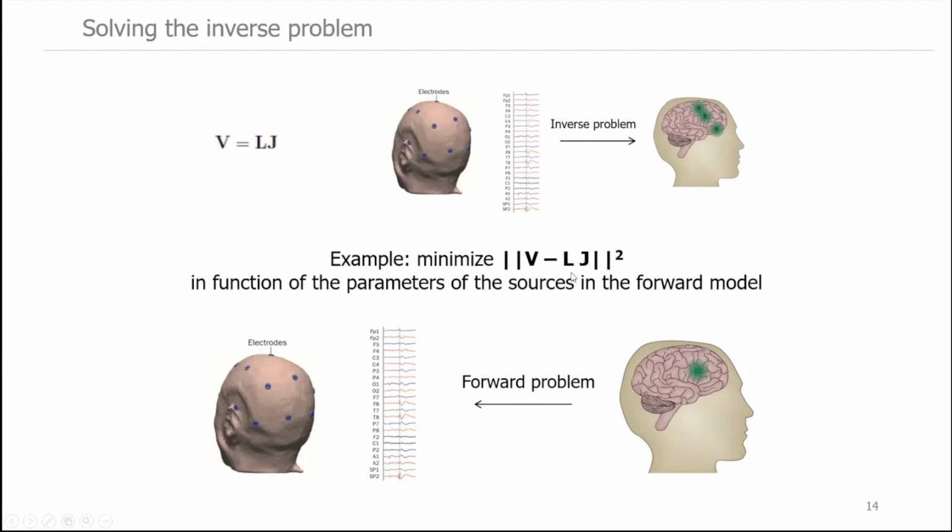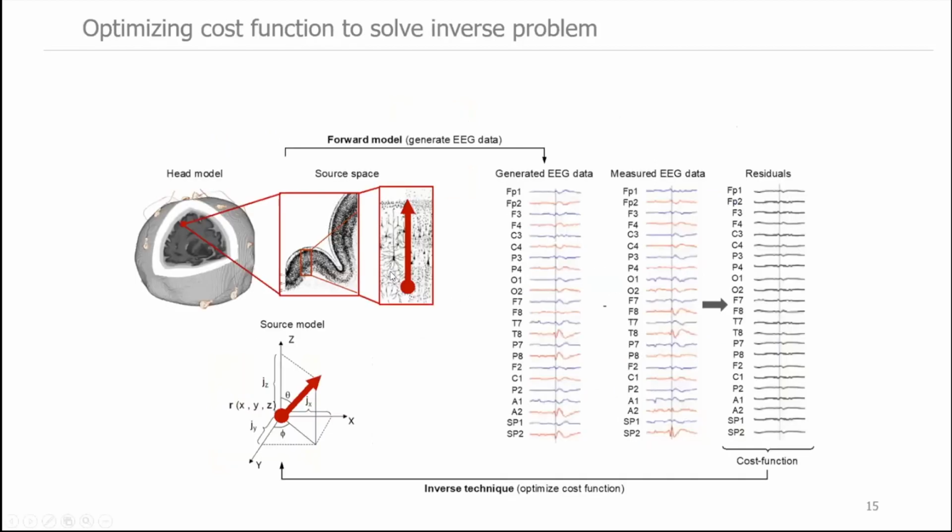That's actually how you can solve the inverse problem. So you use your EEG generator, you generate EEG data, you have the measured EEG data, you have the residuals, and then you can make a cost function out of that, and use inverse techniques to optimize that cost function.